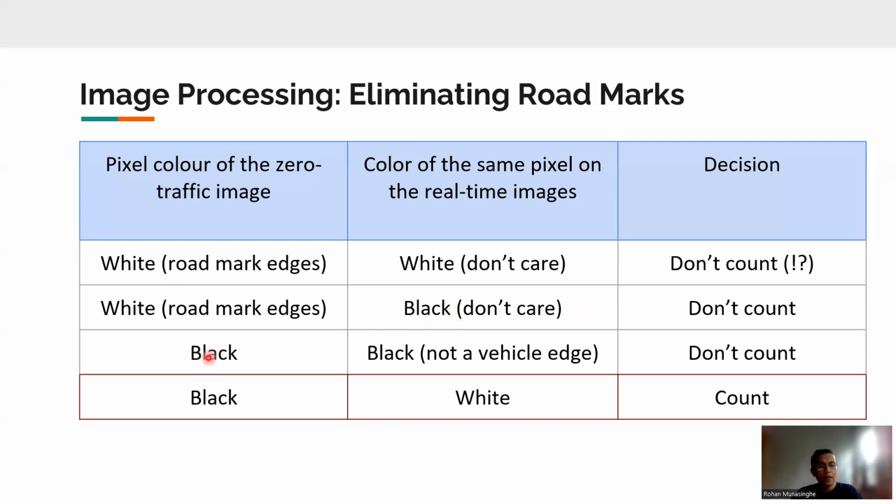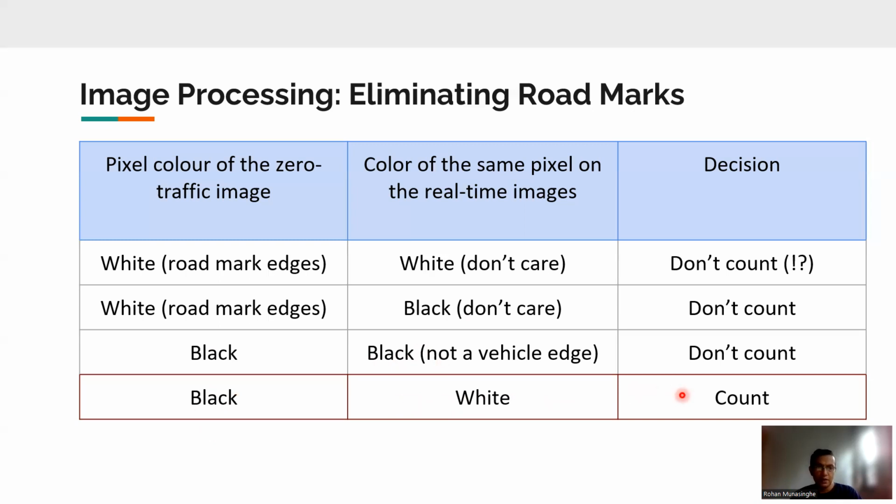Now let's say there's a black pixel on the road in the empty image. We know that it is the road. Now it is black on the other image. Again, we don't count, because black means not an edge. But if the black pixel becomes white, we count it. Only in this situation we count.